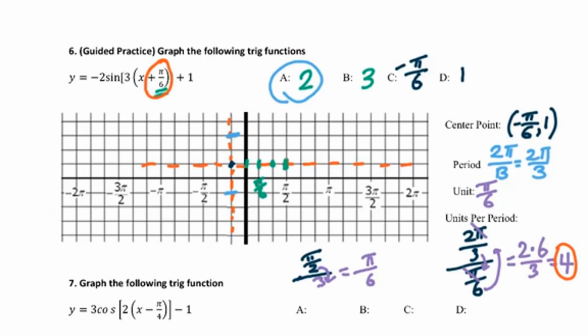Since we are drawing the negative sine x pattern, which means like this pattern, we need 5 points. 1, 2, 3, 4, 5. So we need to label these 5 points on the graph. We get started from the center point.